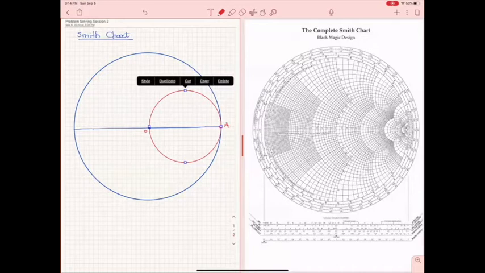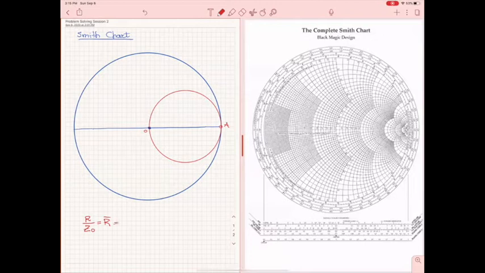So every resistance value, when we normalize it to Z0, because we always have to normalize, we show the normalized resistor as an R with a bar, and all of the values of normalized R equal to 1 are on the perimeter of this circle. Therefore, any value here will represent an impedance that has this resistive part.